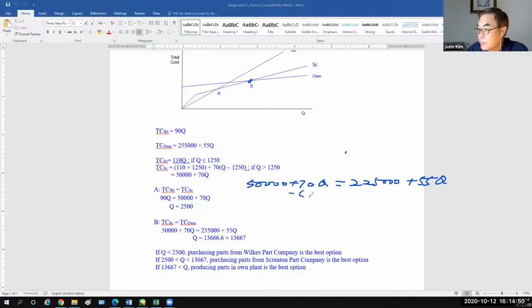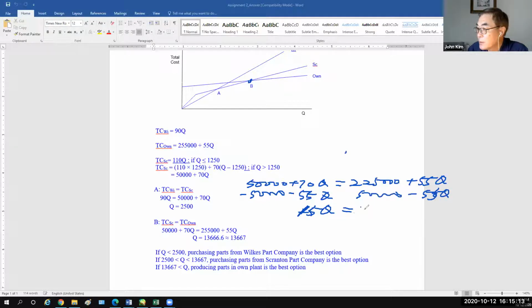So 55Q minus each side 5. So this one is gone. So 15Q equals minus 50,000 each side.